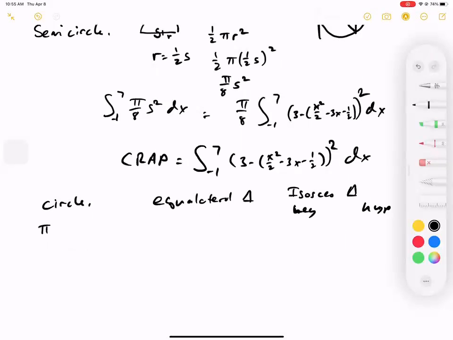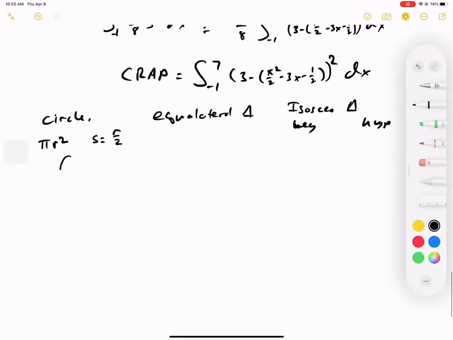Circle is pi r squared, which for us, S was r over 2. If you're not sure about that, draw the picture, cut it. That's S. So to find the area here, area is pi r squared, S over 2 squared.